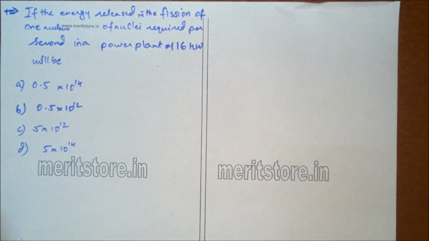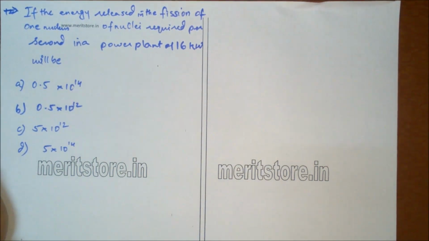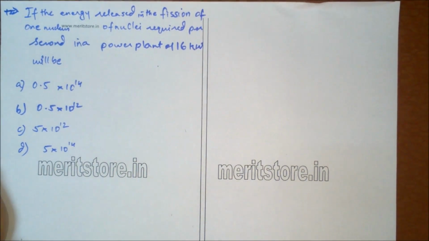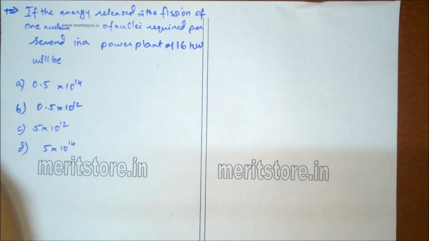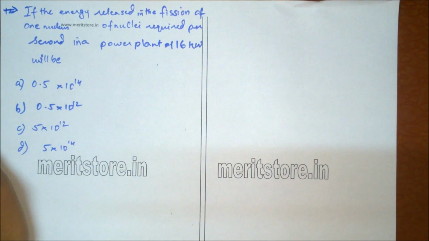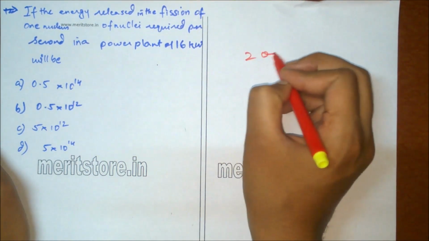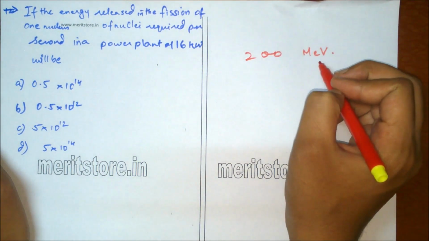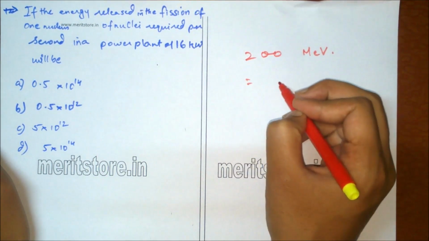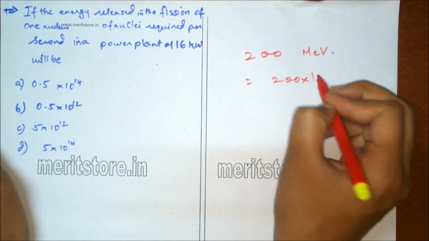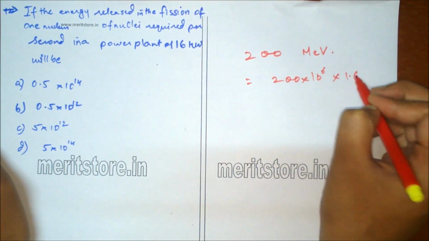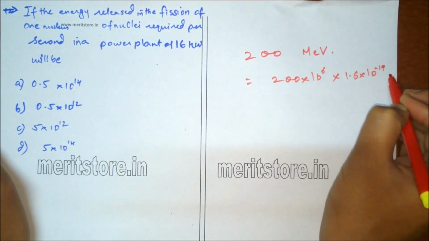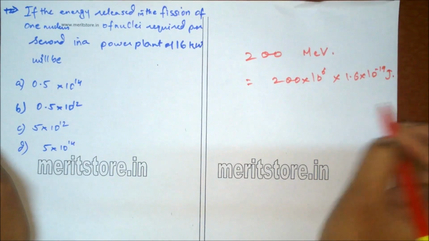If the energy released in the fission of one nucleus is 200 MeV, how many nuclei are required per second in a power plant of power 16 kilowatt? So energy released in a fission of one nucleus is equal to 200 mega electron volt. So we can write this as 200 into 10 raised to 6 into 1.6 into 10 raised to minus 19 joules.